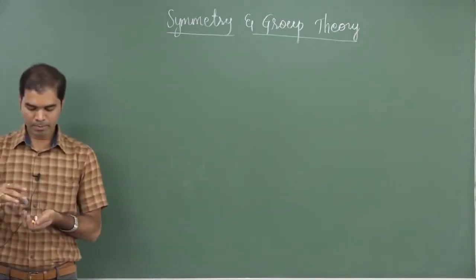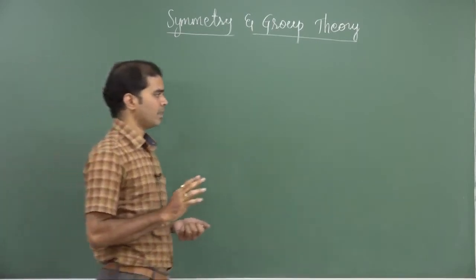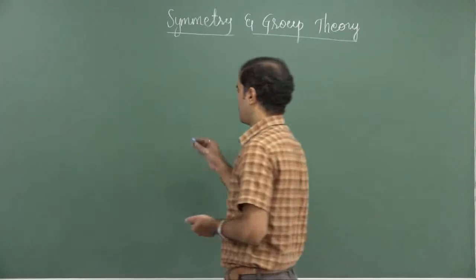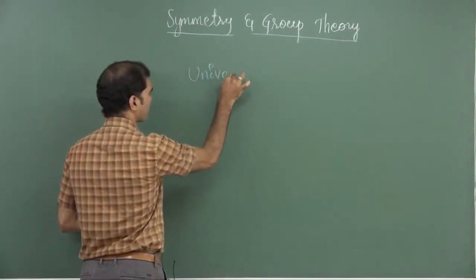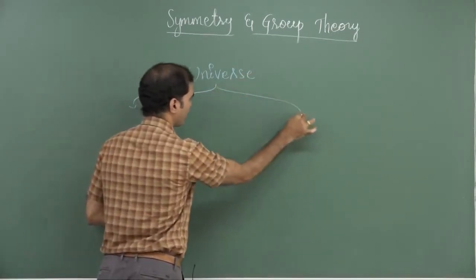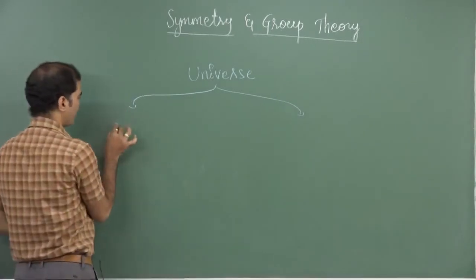See, we need not go to the basics of how the universe is formed, all those things. It is present in other videos. But just to understand, according to the theories, the universe is made up of two things.